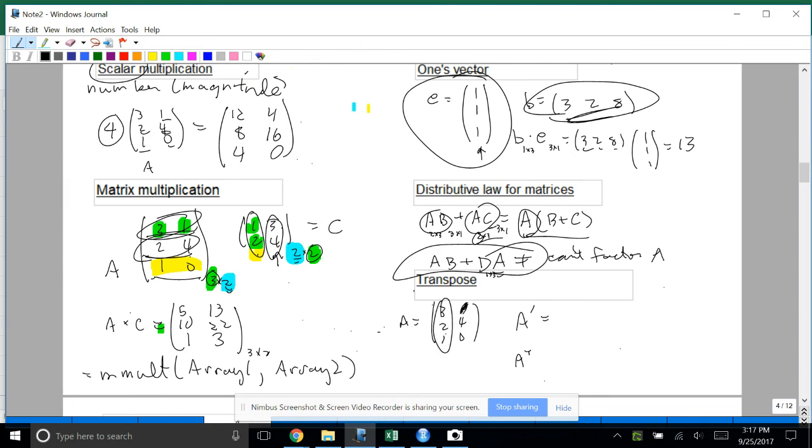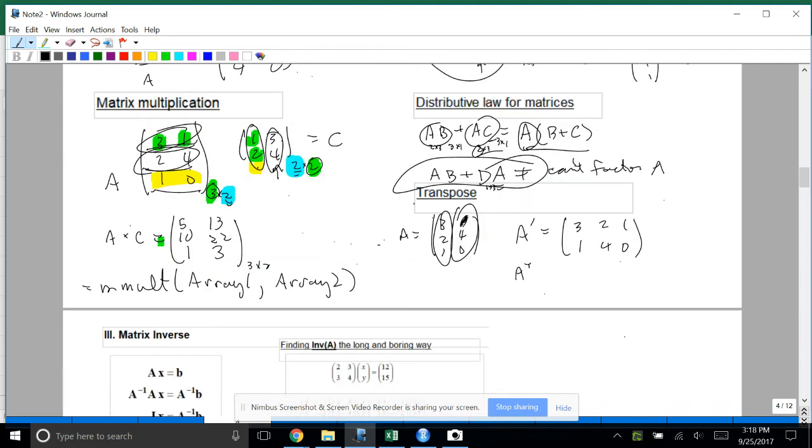So the first column, 3, 2, 1, becomes the first row, 3, 2, 1. Second column, 1, 4, 0, becomes the row 1, 4, 0. Okay, so that's the transpose.